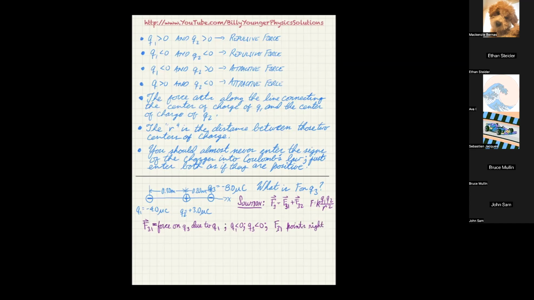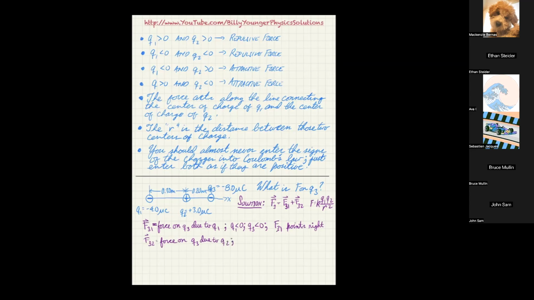Now, that's a very specific thing I'm saying there. What I'm telling you is since the positive x-axis points to the right, this F31 is going to be some positive number times x hat. Does everybody get that? And now I'm going to do F32, which is the force on Q3 due to Q2.